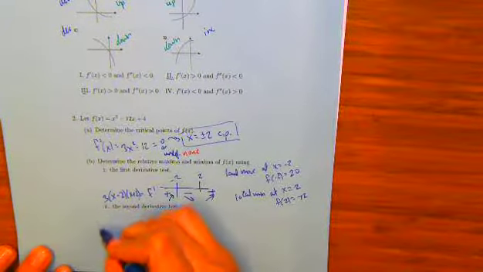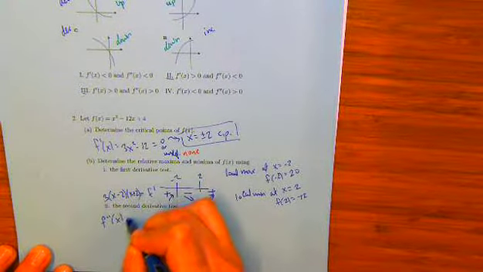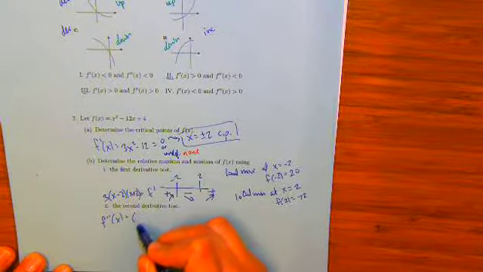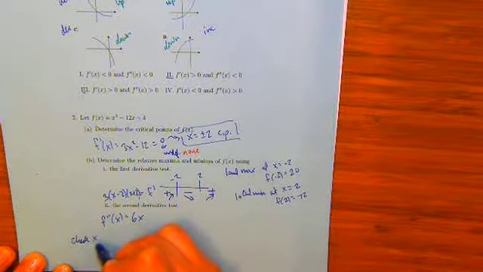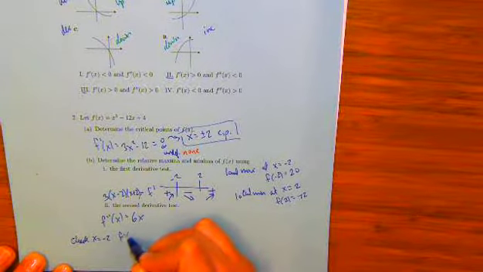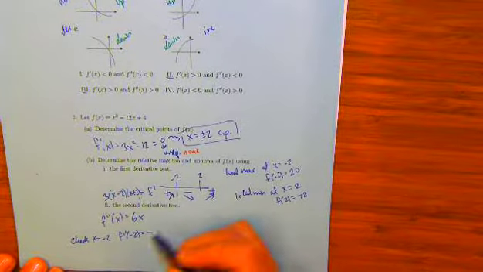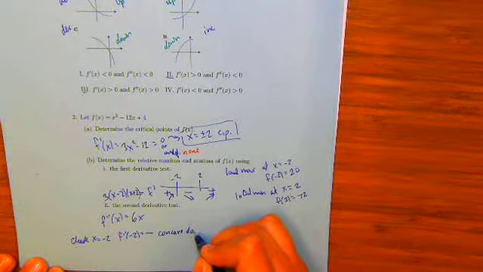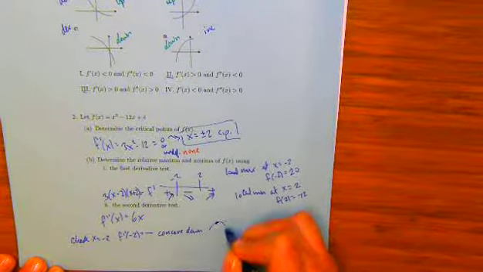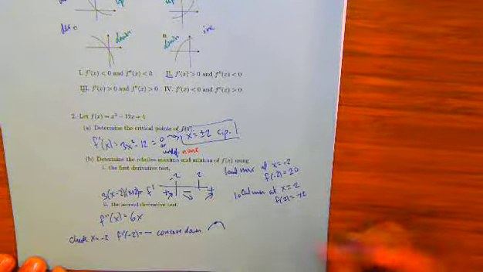So the other option was, let's look at the second derivative. What would you get for that here? 6x? And you just care about the sign. So we want to check x equals minus 2. What's the concavity look like at that critical point? In terms of sign, it's negative, right? Concave down. So if I'm concave down at my critical point, what is that going to be?